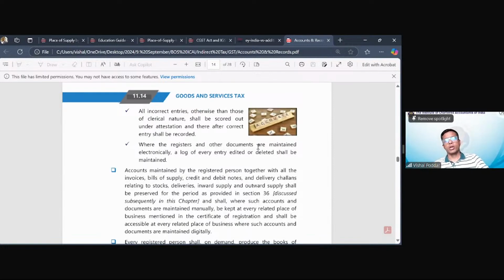Where the registers and other documents are maintained electronically, a log of every entry edited or deleted shall be maintained. Now, if I'm not wrong, from 1st April 2023 this has been made compulsory.